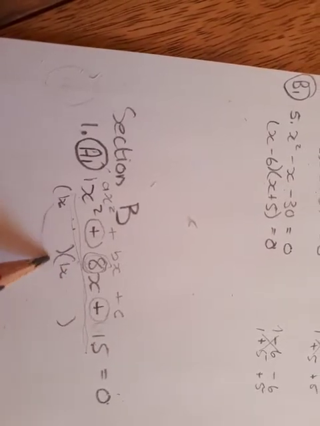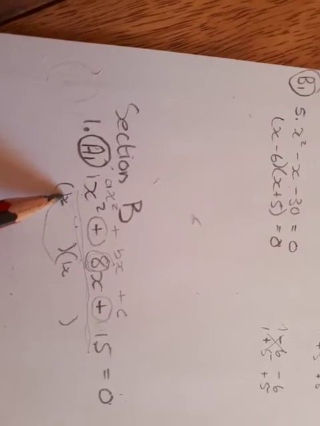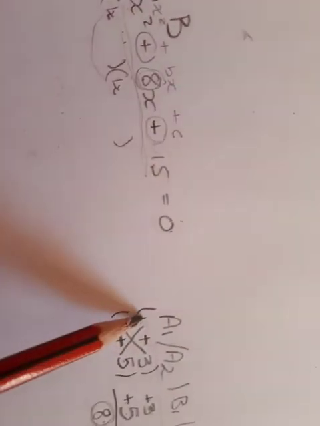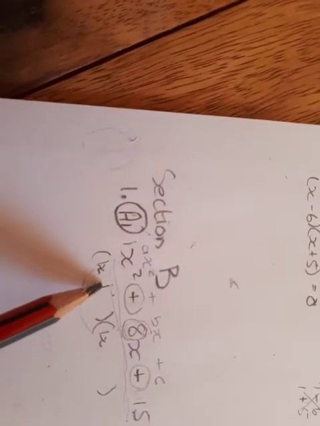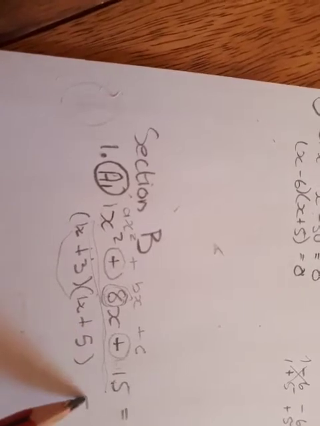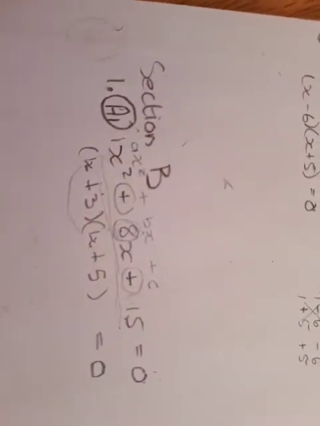And if you multiply these two out, you get 1x squared. Okay, so you can have x or 1x, it makes no difference for that first number. Then in the first bracket, you must have a plus 3, and in the second bracket, you must have a plus 5, equaling 0.